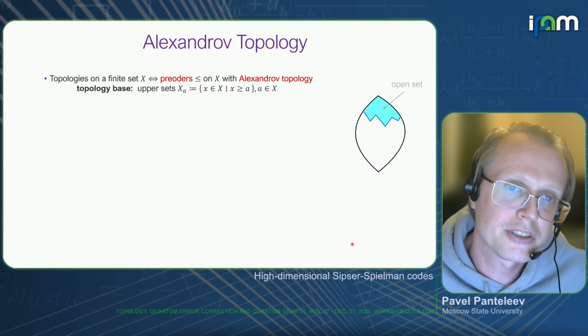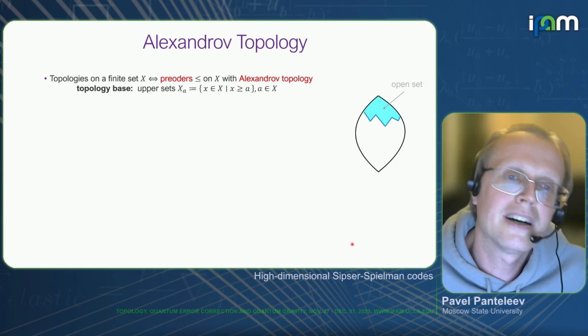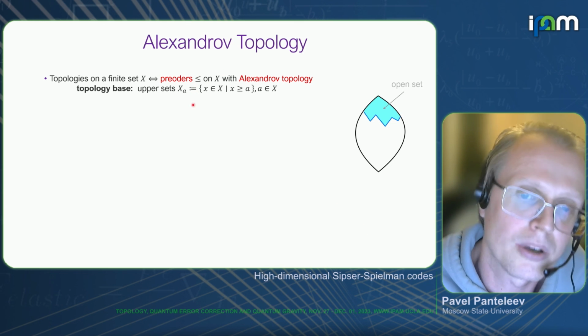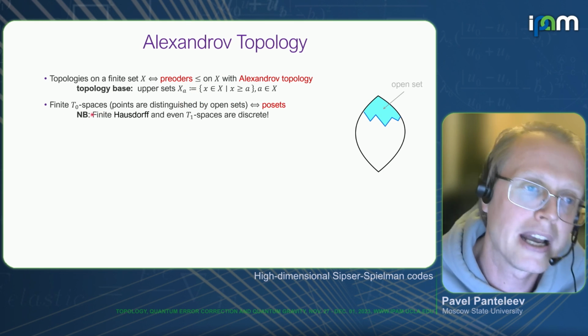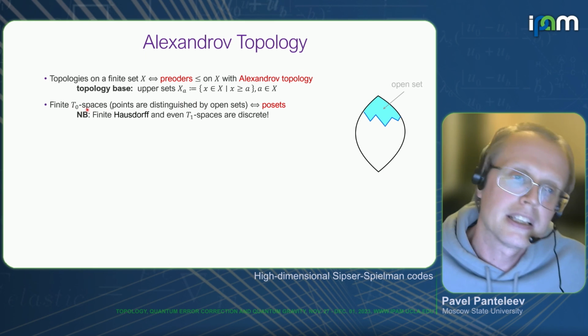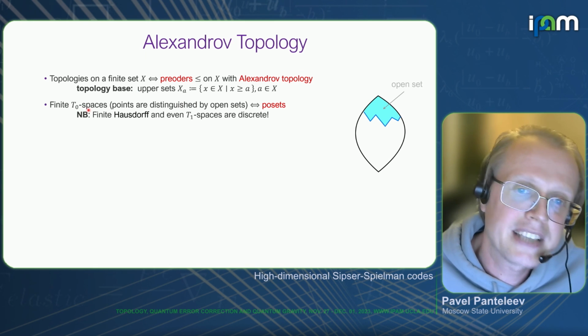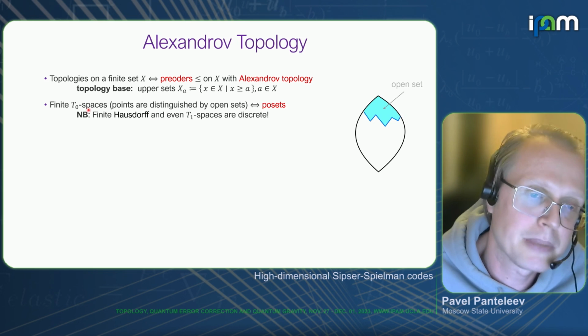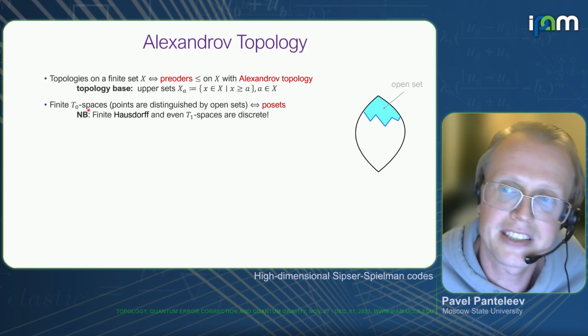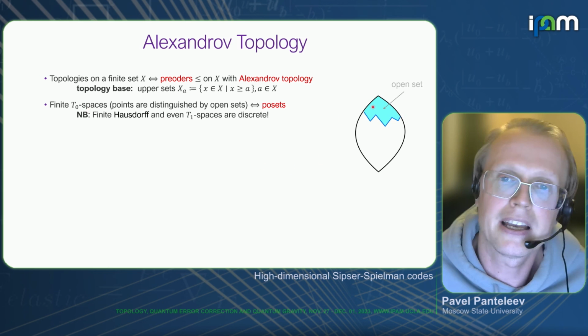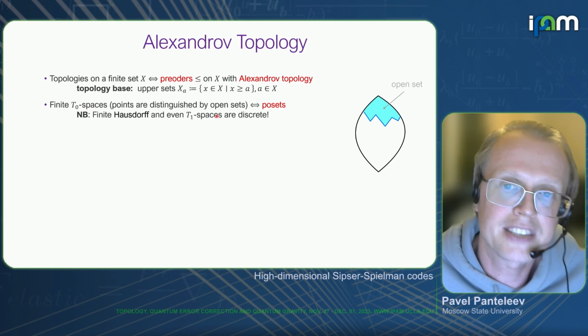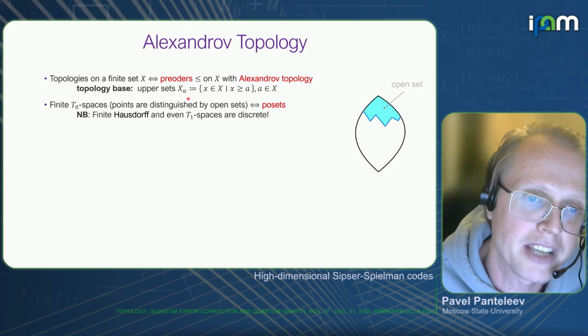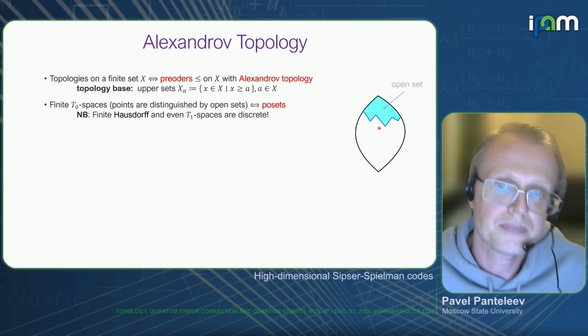And finite topological spaces are the same as preorders, or if we also require the T0 property of a topological space, then a finite topological space is exactly the same as an ordered set. In this case, the topology base is just upper sets.